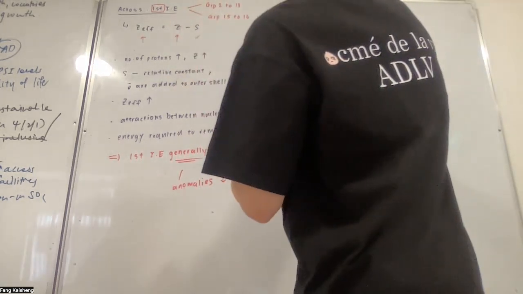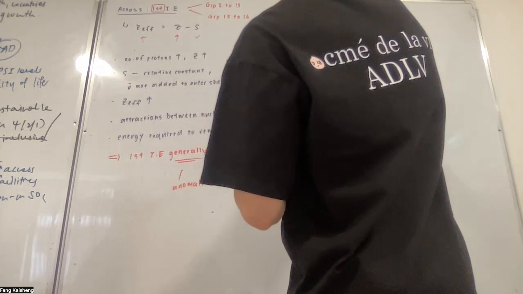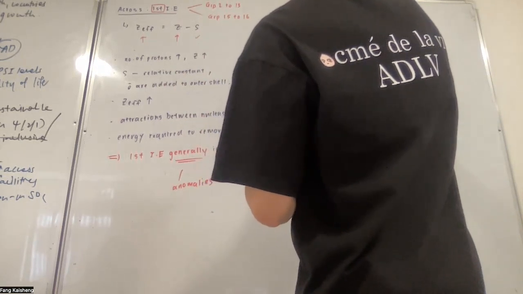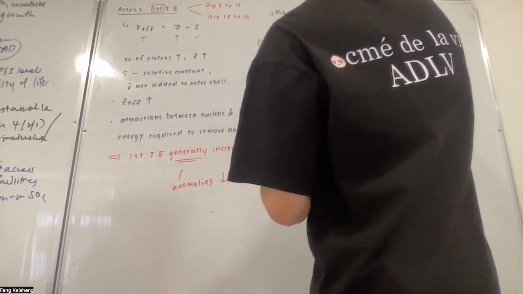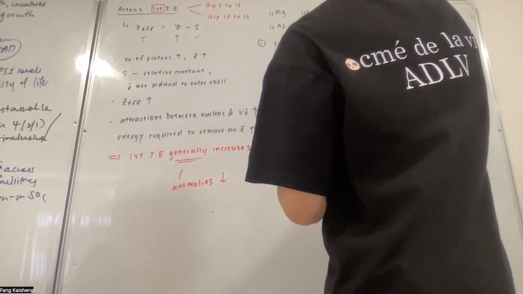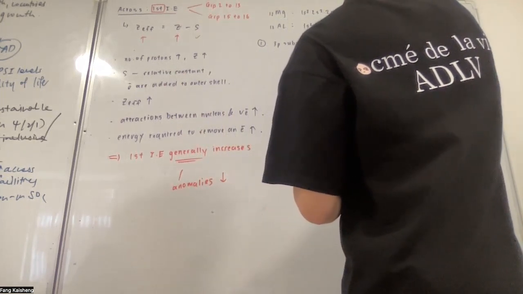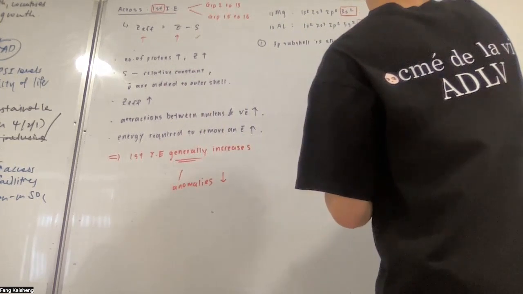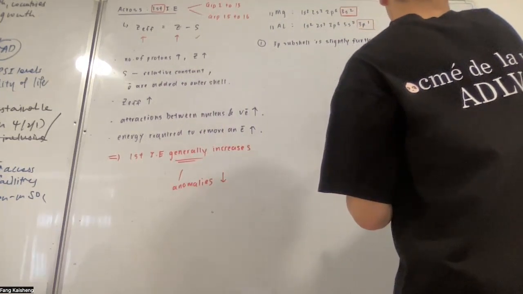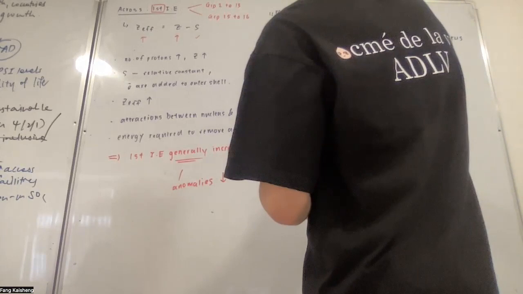So let me show you guys the phrasing. The first reasoning is that the 3p subshell is slightly further away from the nucleus than the 3s subshell.